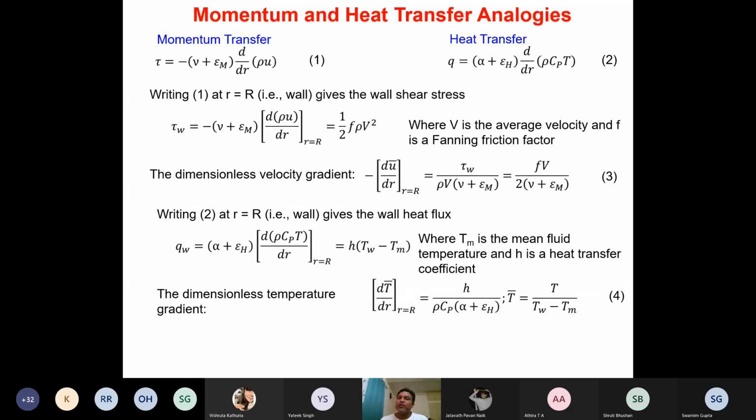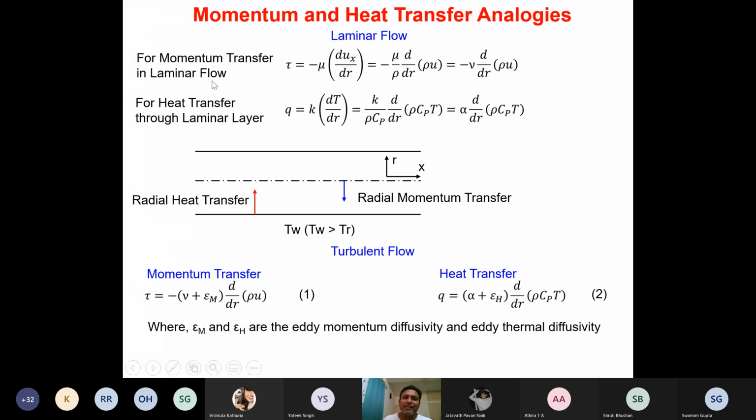So what we have done is we have started with the laminar flow. Then we have looked at the momentum transfer and the heat transfer. These two equations we have extended for the turbulent flow by adding the momentum diffusivity and eddy diffusivity.